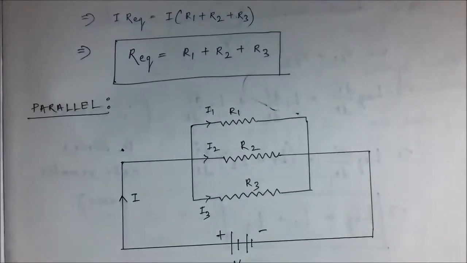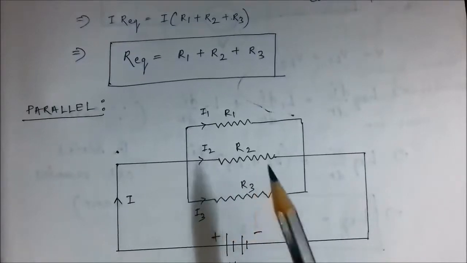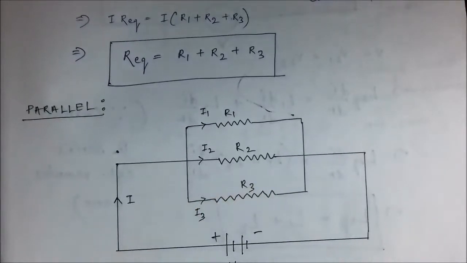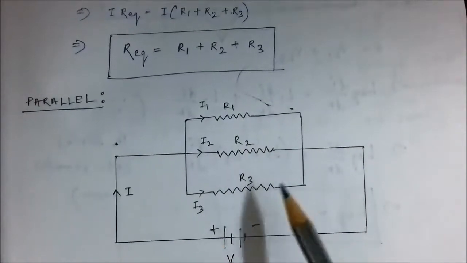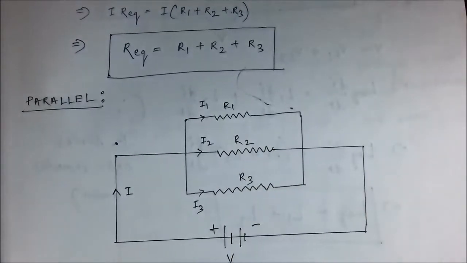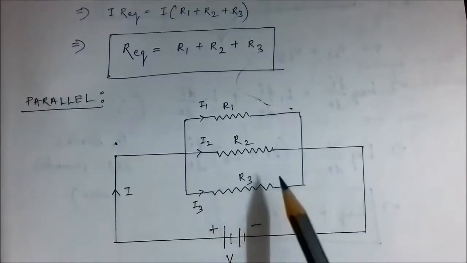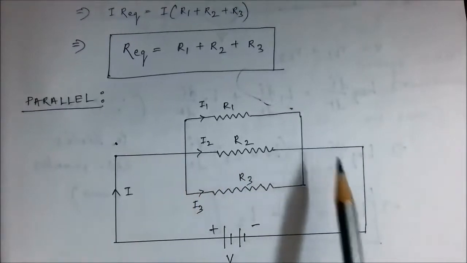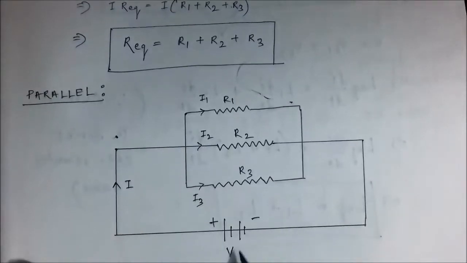Now in this configuration, multiple number of resistors are connected with their two ends connected to the two terminals of a voltage source, one above the other. Here it's one above the other, but the main thing in a parallel combination of resistance is that each of the resistances have their two ends connected to the same two terminals of a voltage source.